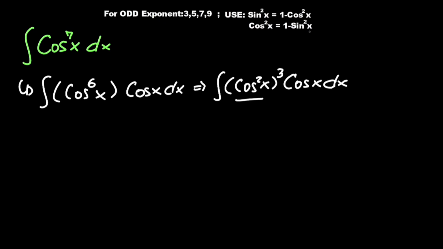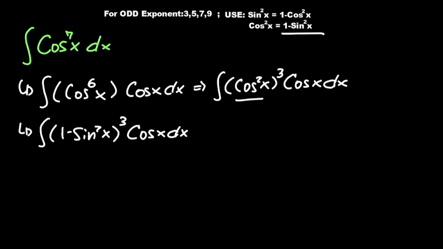And transform this into its identity. And now, let u here once again be sine of x. Derivative of this would be cosine of x. And multiply this by dx.